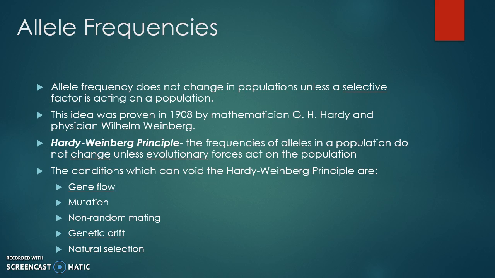This idea basically says the frequency of alleles in a population does not change unless evolutionary forces act on the population. So if we had a population of a species that lived without any kind of trouble and no worries in the world, they had food, ample space, and no predators, we would see that the percentage of alleles in that population would be pretty constant.